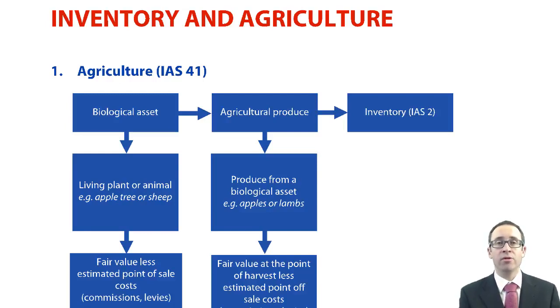So whether that is breeding livestock to produce more livestock, or producing agricultural produce such as milk or eggs, or growing trees in a forest or a plantation, growing sugar beet or wheat, and then harvesting that sugar beet, that wheat, the apples off the trees, and transferring that through to inventory, and then valuing at the lower of cost and NRV.